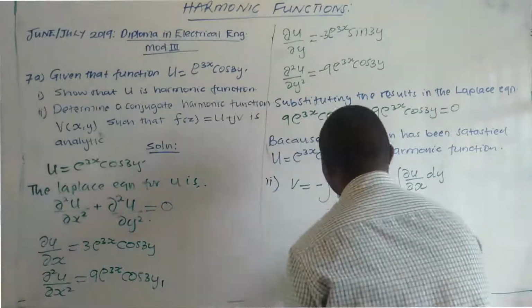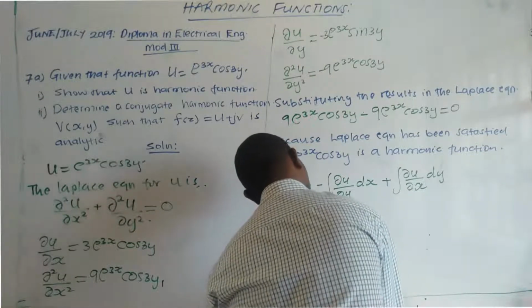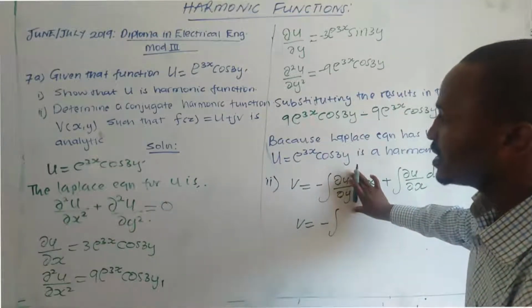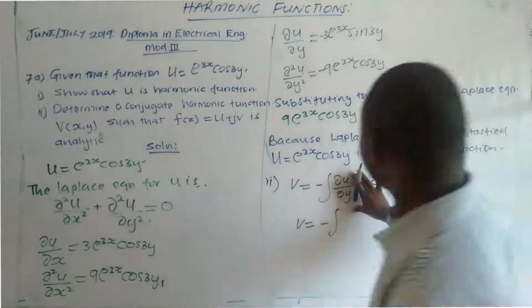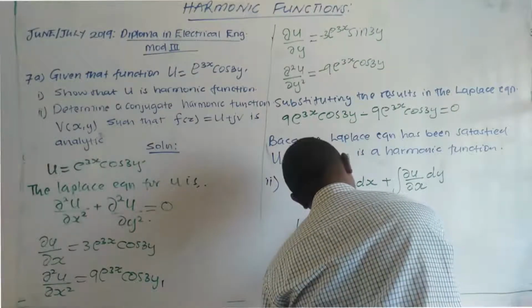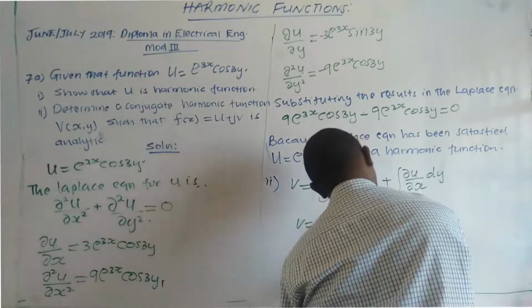Now let's substitute the partial derivatives. v is equal to negative integral of the partial derivative of u with respect to y. We have it here. It is negative 3 exponential 3x sine 3y.